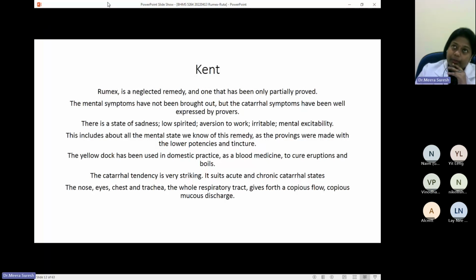I remember one of my madams used to prescribe it. Her favorite remedy was Rumex. Whenever there was cough aggravated by cold, she used to prescribe Rumex. But that patient also used to come back. I don't know whether he was a hypochondriac. Usually medicine will be given for 1 week or 2 weeks, and he would come very frequently. Not one patient, many patients.